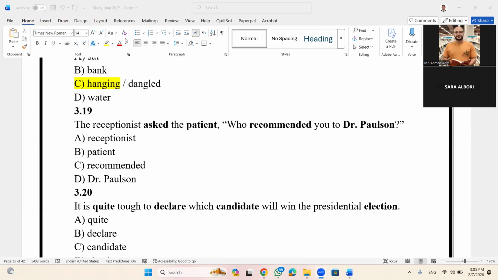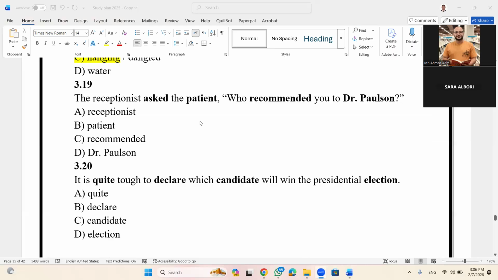So 19. The receptionist asked the patient, "Who recommended you to Dr. Paulson?" So the sentence is about a receptionist asking a patient how he knew about Dr. Paulson. It's recommended. Perfect. Can you replace it?